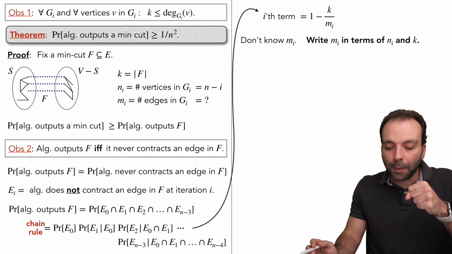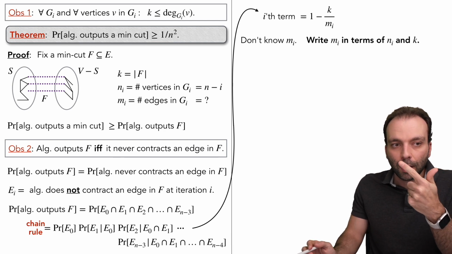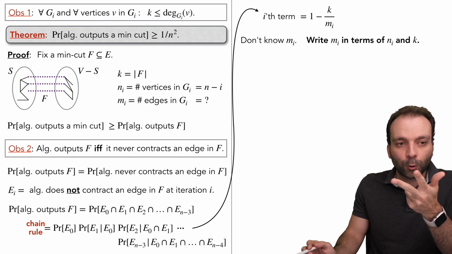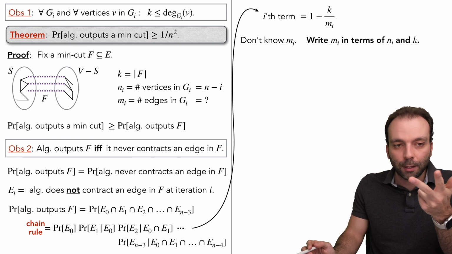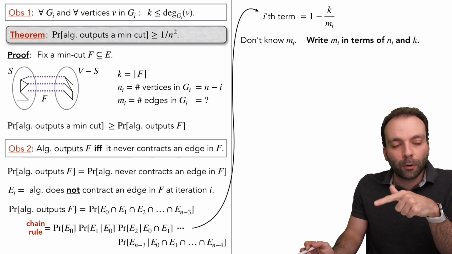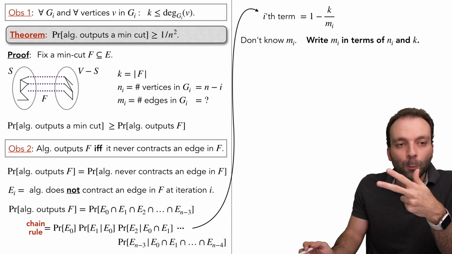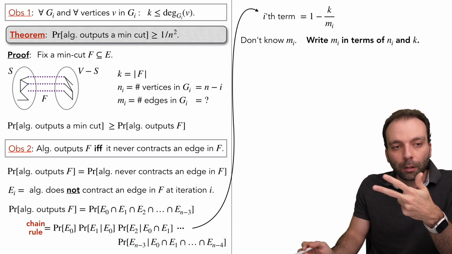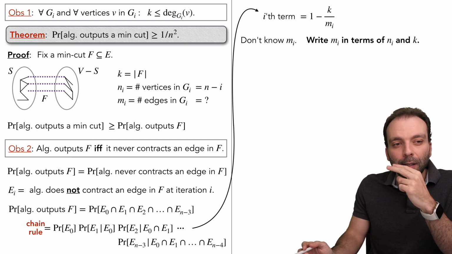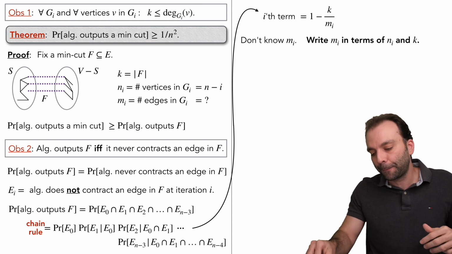So now you have something involving degrees of vertices, number of edges, and number of vertices. So what should we try to use? What does this remind you of? If we have number of edges, number of vertices, degrees of vertices, what can we try to use here to relate these quantities? Yes, handshake.